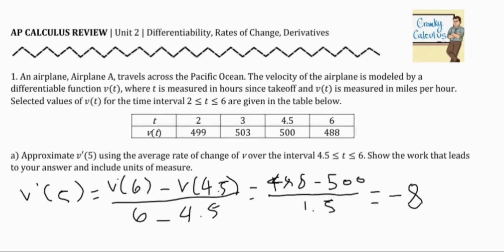But don't forget to include units here. It sounds like common sense, but a lot of people forget to put units and miss an easy point. So right here would just be miles per hour squared, because v of t is in miles per hour and t is in hours. So since we're dividing by hours, it would just be miles per hour squared.